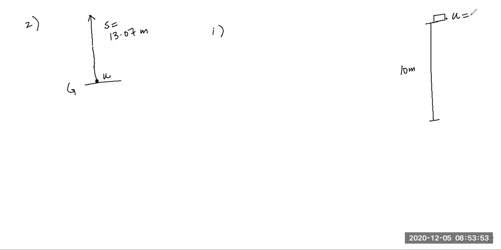It's possible that the velocity is zero. As the brick comes down, its velocity will increase, and with some final velocity v, it will hit the ground. But when you are throwing something upwards, there is an initial velocity, and that initial velocity we want to find out. Any student can tell me how we can do it?